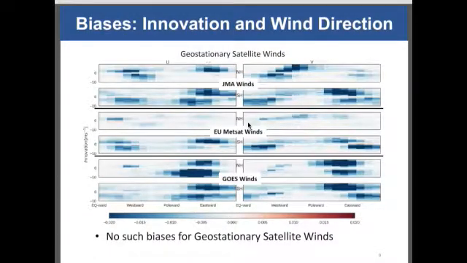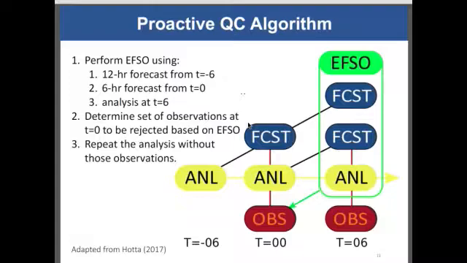We also look at the geostationary satellite winds, which use essentially the same algorithm, and there is no such kind of bias in it. So to fully account for the full flow dependency, we use the proactive quality control algorithm.